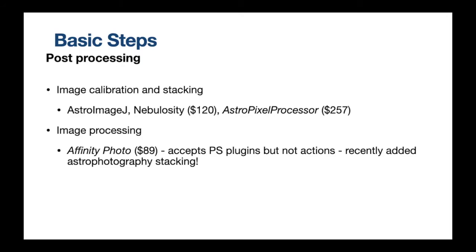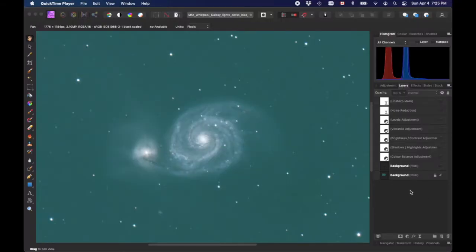But if you have Astropixel Processor, of course, it's the best tool for that. But with Affinity Photo, I've seen the guy do a tutorial on it, and he did the stacking and everything, and it was pretty good. So I can show you Affinity Photo, and I'm starting with a photo out of Astropixel Processor, but I really didn't color balance it.